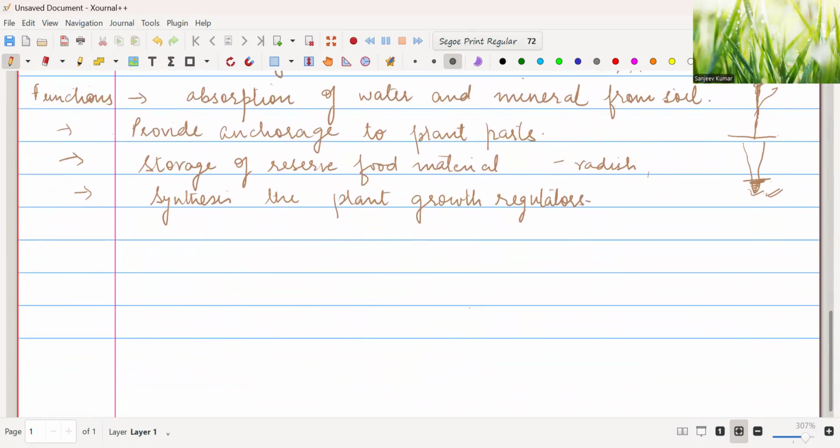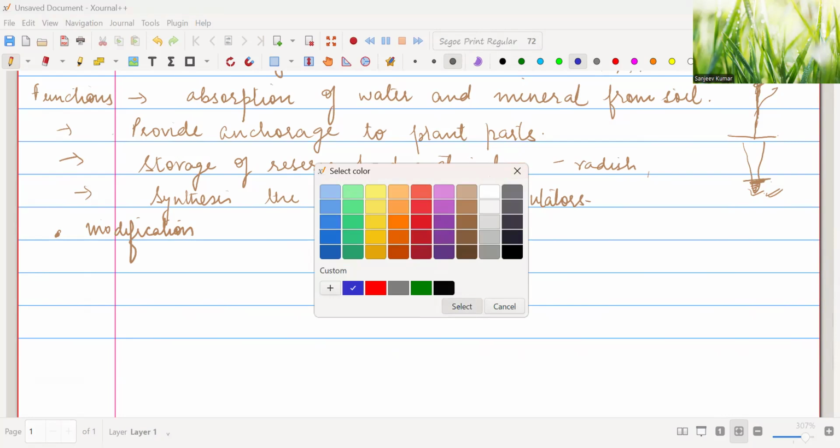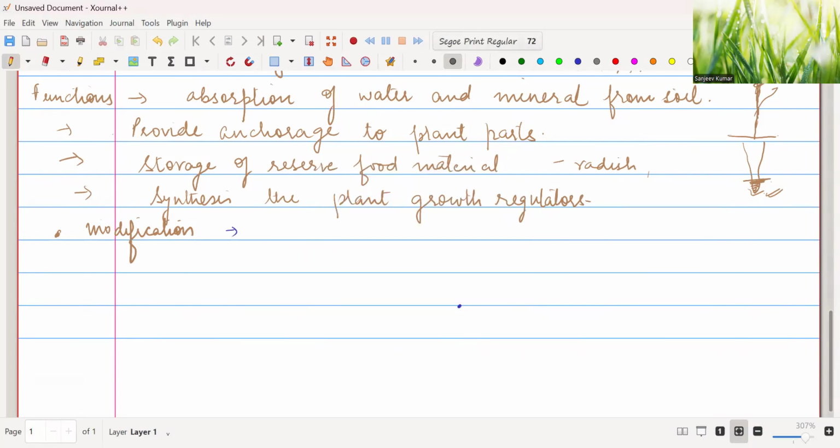Now let us talk about the modifications. Modifications means certain kinds of changes in the roots. If it is acting as storage, we all know the carrot and turnip act as storage organs.